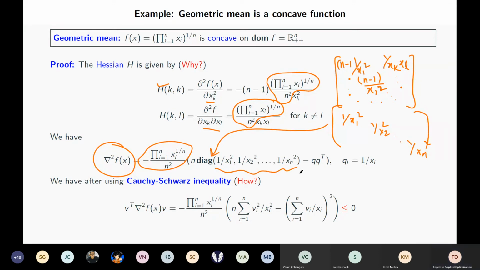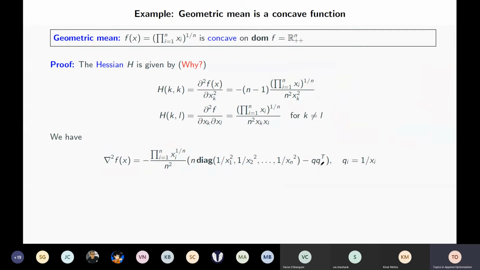And what we are trying to do next is minus QQ transpose, where Q is 1 by xi. What is being claimed here is that this will take care of the off diagonal terms. Why is that? This is the outer product form, and Qi is 1 by xi.